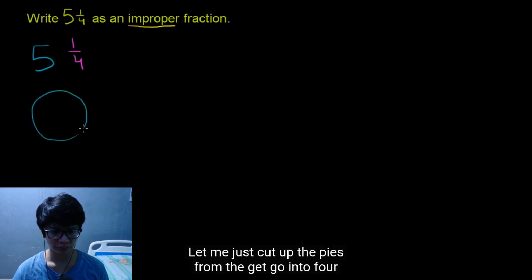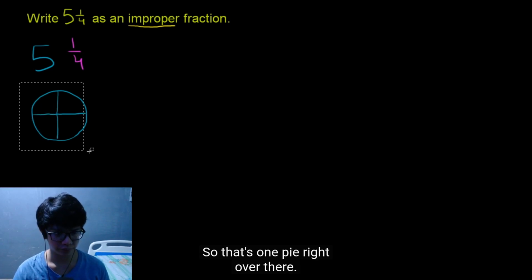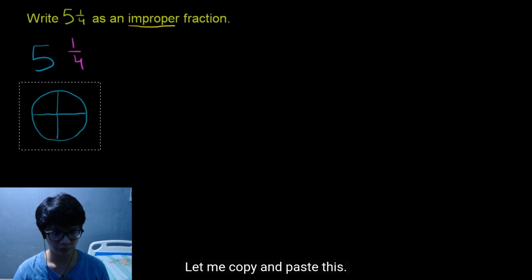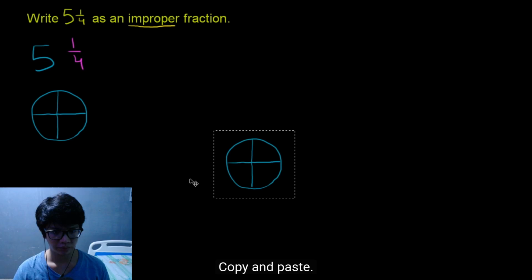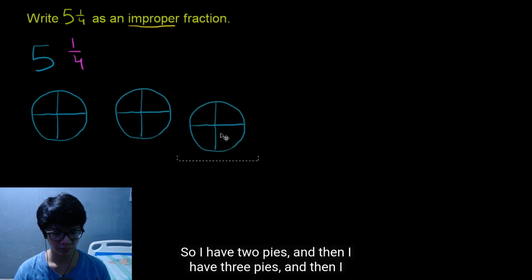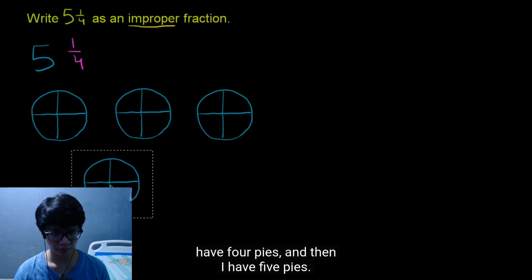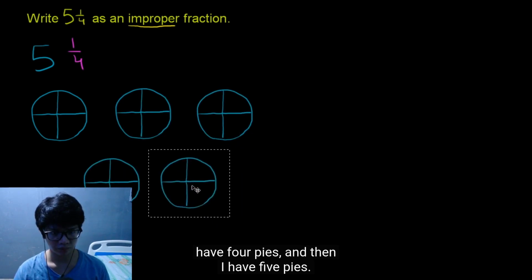Let me just cut up the pies from the get-go into 4 pieces, since we're dealing with fourths. So that's 1 pie right over there. Let me copy and paste this. So I have 2 pies, and then 3 pies, and then 4 pies, and then 5 pies.